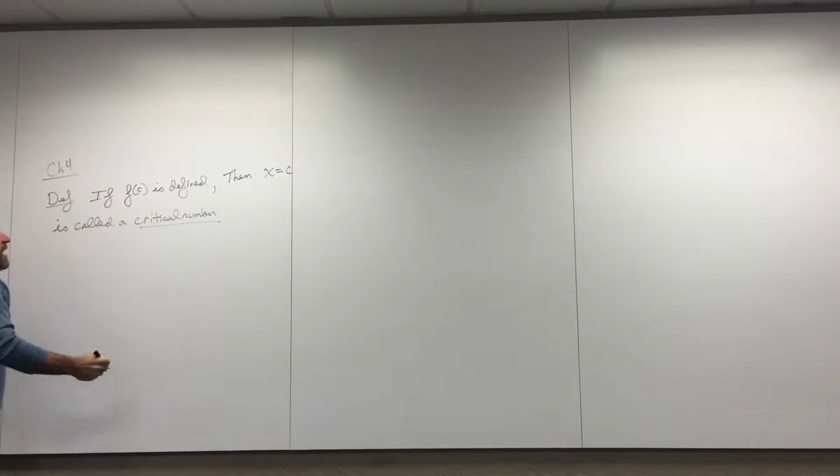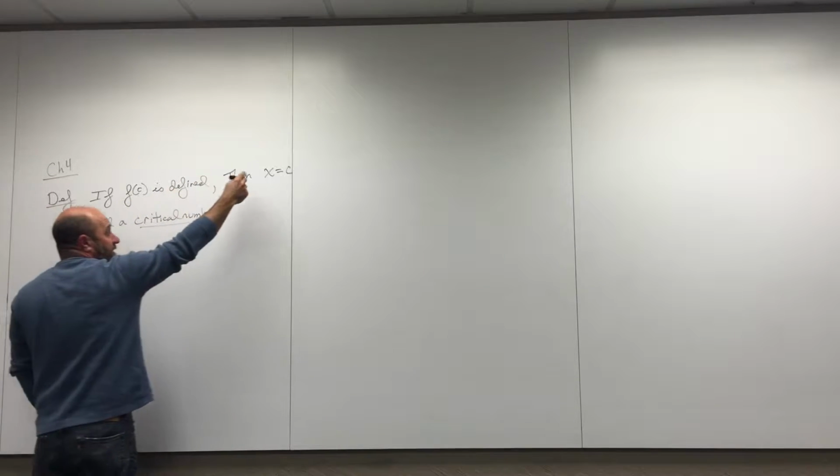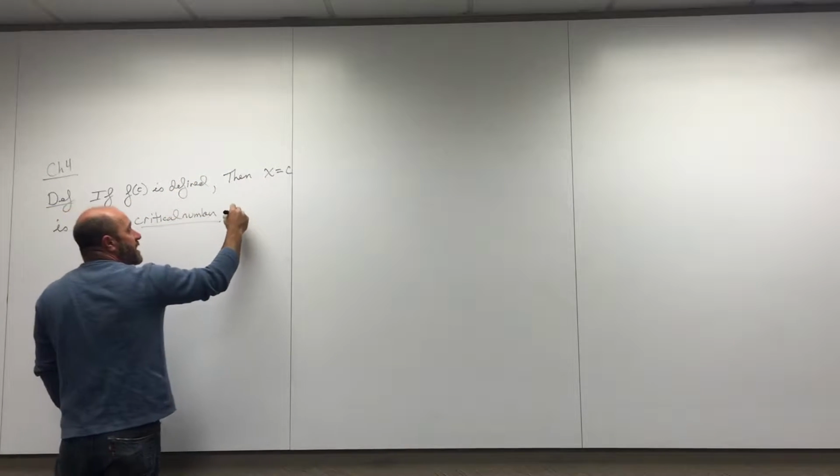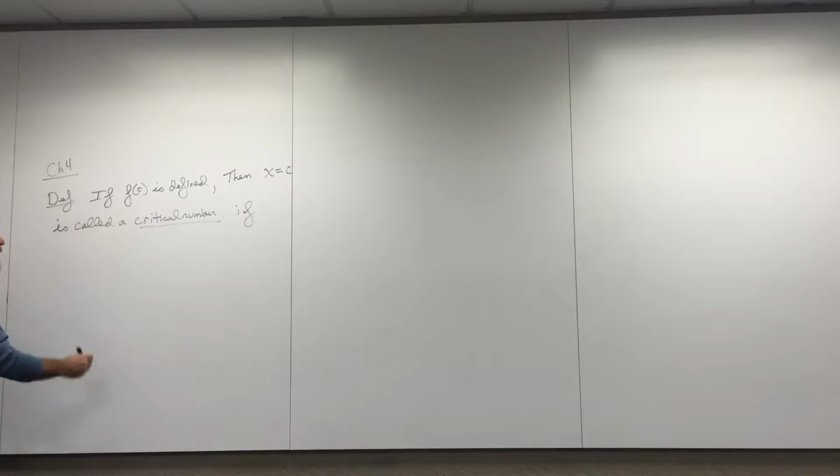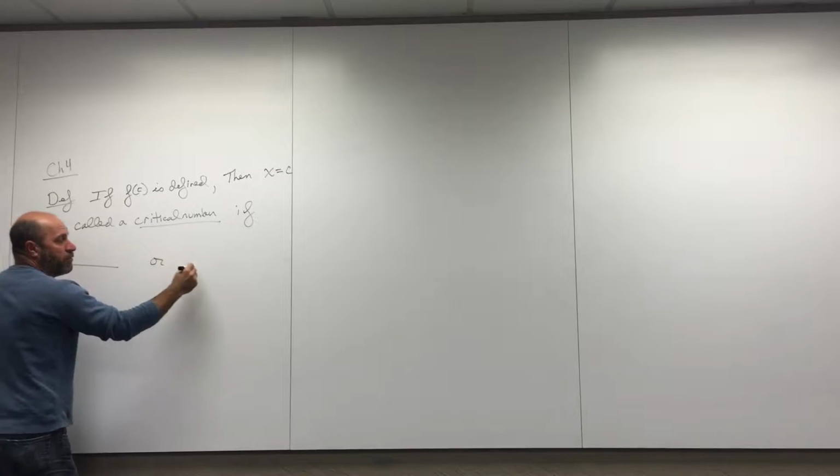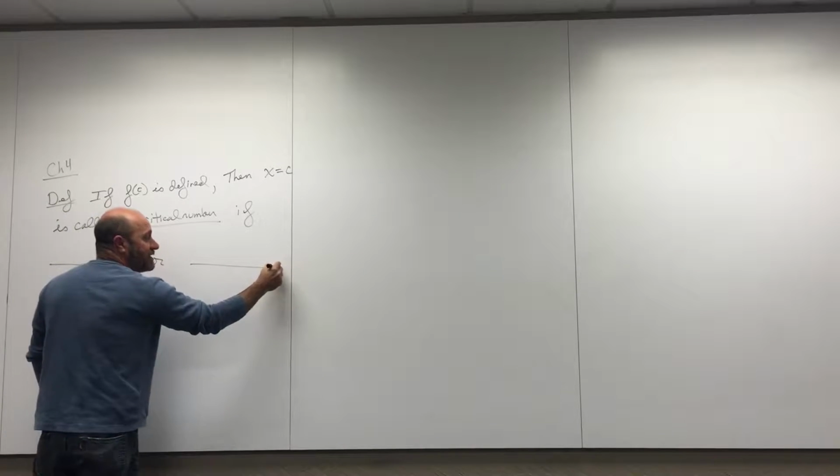That's the definition. That number, x equals c, is called a critical number if blank or blank. So this is usually how I put it on a test.